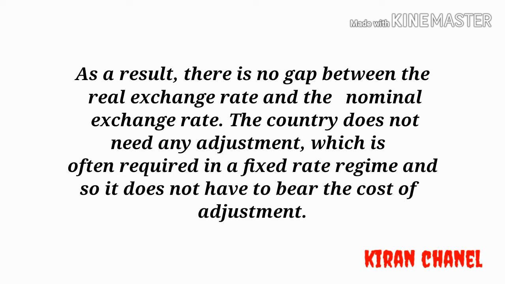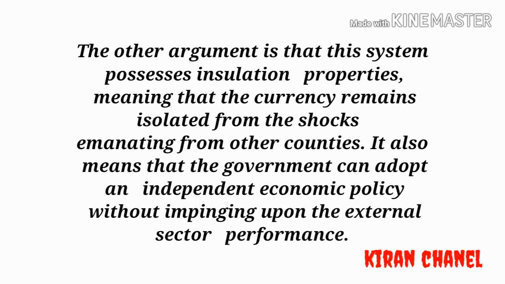The country does not need any adjustment, which is often required in a fixed rate regime, and so it does not have to bear the cost of adjustment. The other argument is that this system possesses insulation properties, meaning that the currency remains isolated from the shocks emanating from other countries. It also means the government can adopt an independent economic policy without impinging upon the external sector performance.